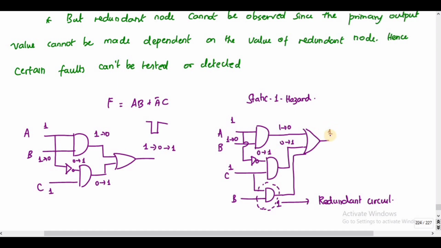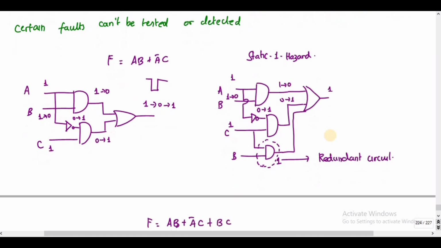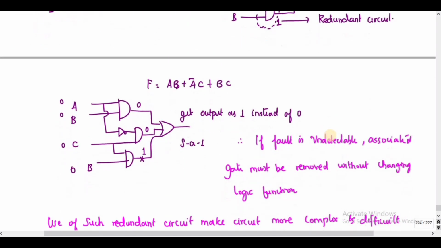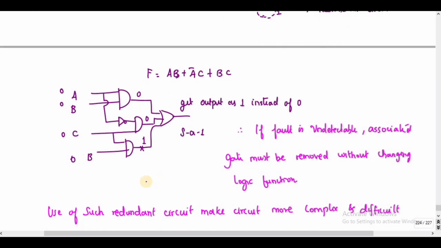But if you see this circuit, suppose the output of the redundant logic is stuck at 1. If I give 0 0 at the input of ABC, instead of getting 0, I get the output as 1.